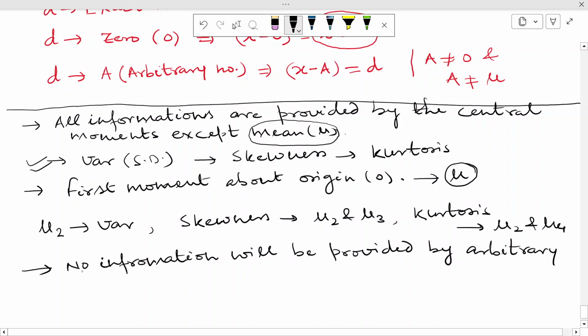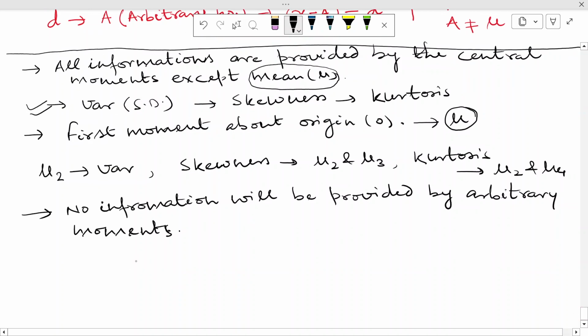If you are having arbitrary moments, then these moments will not provide any information. Meaning you cannot find the mean, variance, skewness as well as kurtosis if you are having the values of some arbitrary moments. Then what is the need for the calculation of these arbitrary moments? So later we will discuss this.